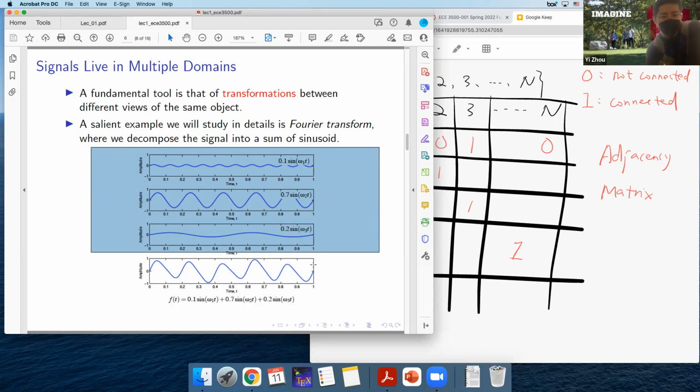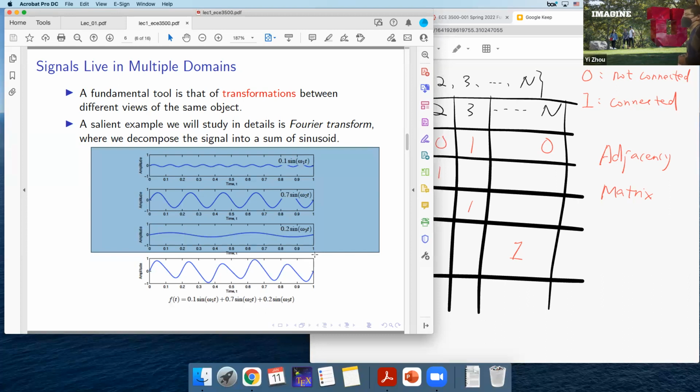It turns out that the bottom signal, the signal of interest, can be decomposed into these three sinusoidal signals. And the nice thing is that these three signals are periodic. They take a very standard sine form. This makes it much easier to understand this signal.